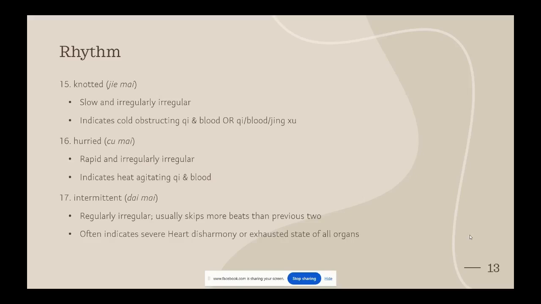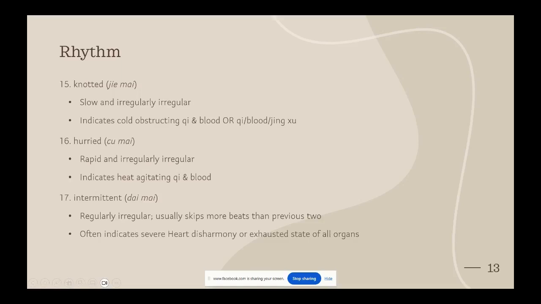So the pulse, of course, could be regular. These are all irregular pulse qualities. There are some pulse qualities that are irregularly irregular, and one, the intermittent pulse, which is regularly irregular.